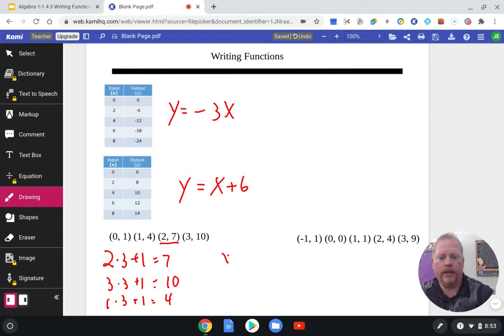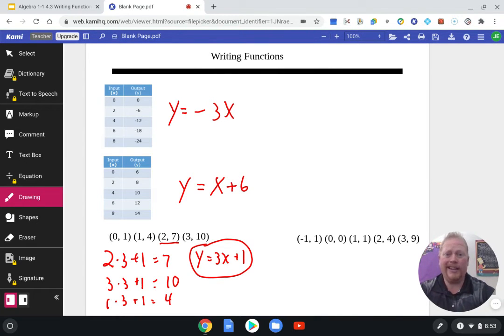That's my y value. So I had to do some guessing and checking, and it took a little bit, but I eventually found it. I had to do multiplying and adding in order to get to that answer.